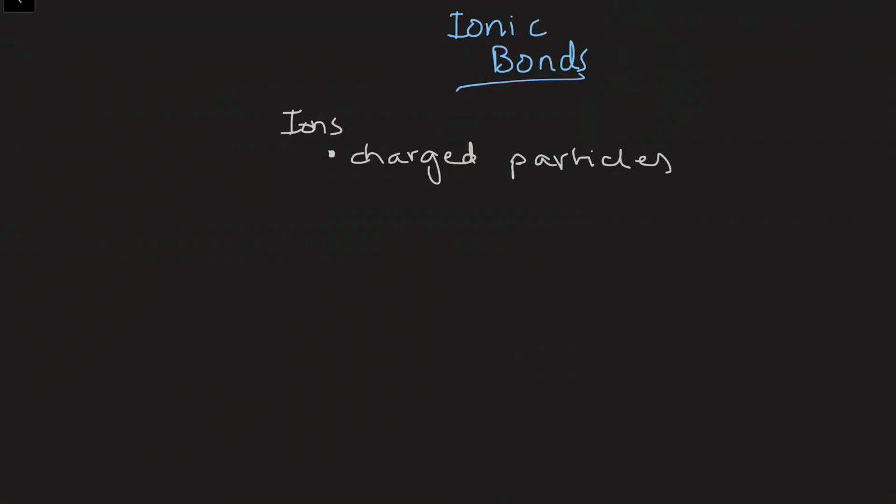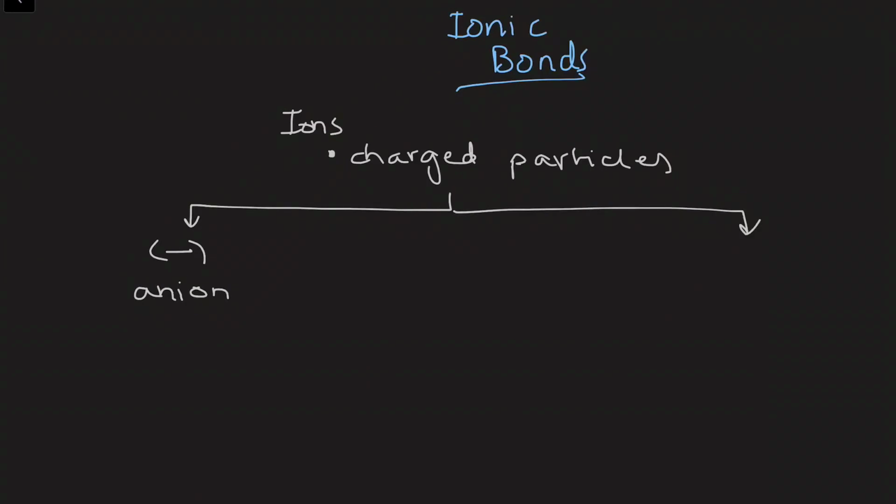The atom that gains an extra electron has a negative charge and is called an anion. And the atom that lost its electron has a positive charge and is called a cation.